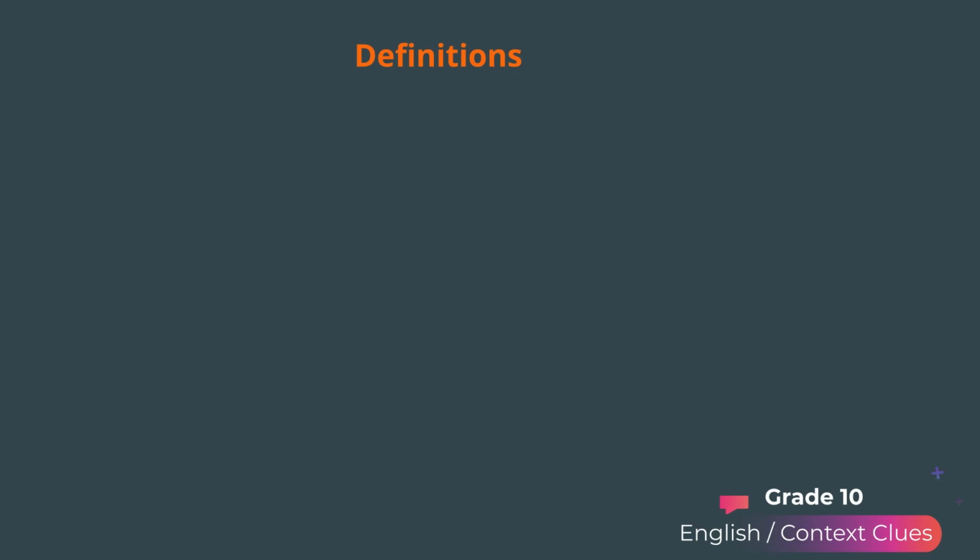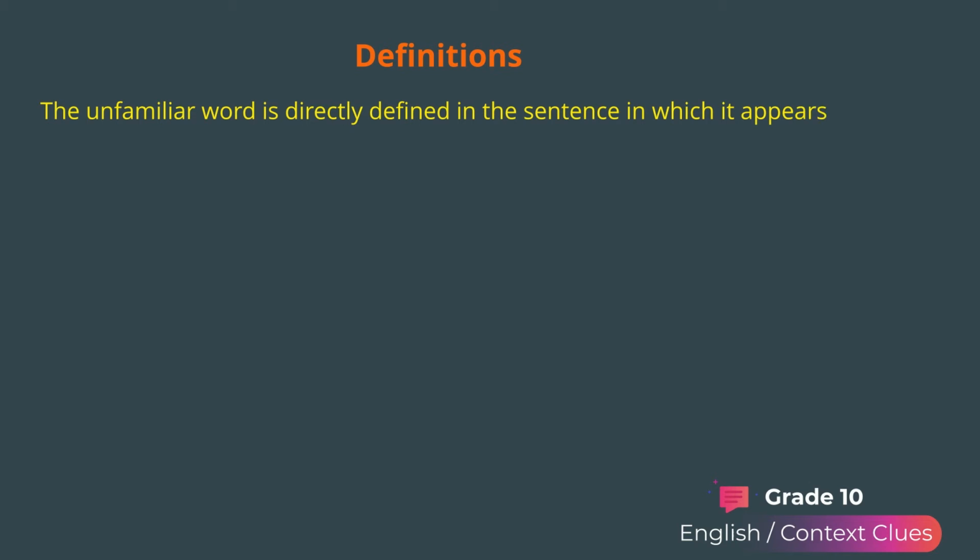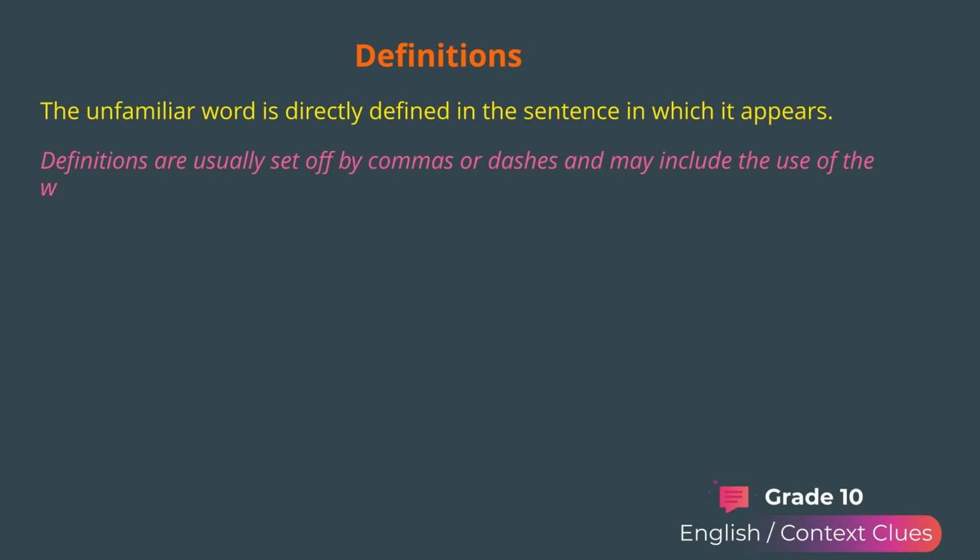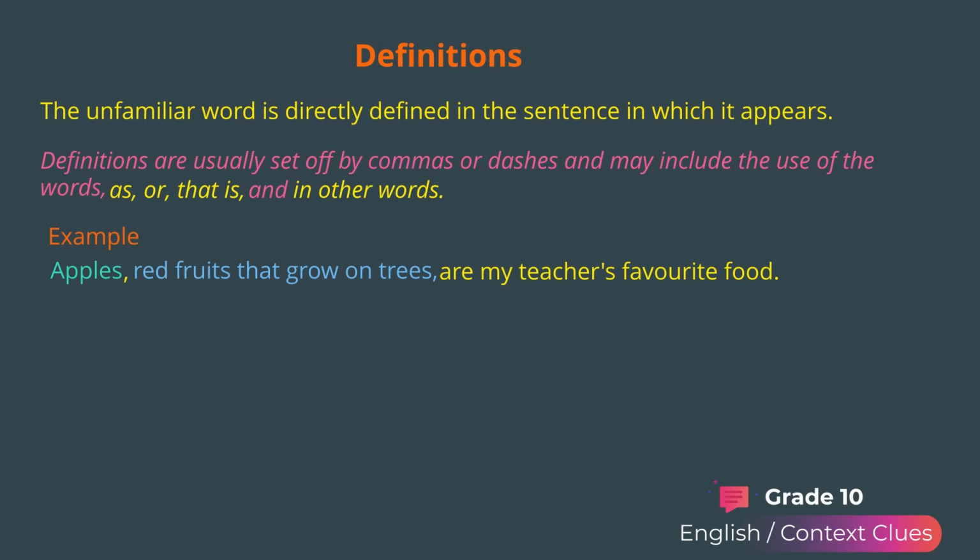Definitions. The unfamiliar word is directly defined in the sentence in which it appears. Definitions are usually set off by commas or dashes and may include the use of the words as, or, that is, and in other words. Example: apples, red fruits that grow on trees, are my teacher's favorite food.